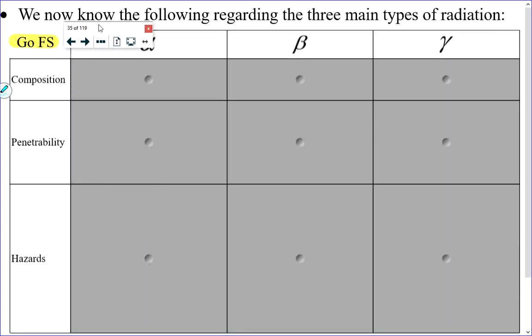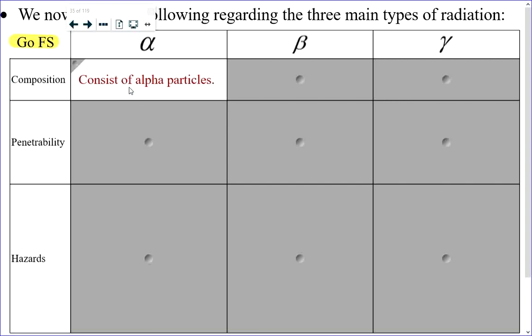Now, what are the properties of these things? All of this information is in the chart already, but I want to walk through all of these things with you because it's not simple. First of all, you need to know what they are. Every single example that we have done in this course that says an alpha particle does this or that, those alpha particles are the particles that are in alpha radiation.